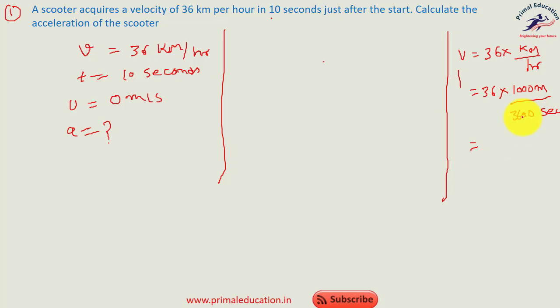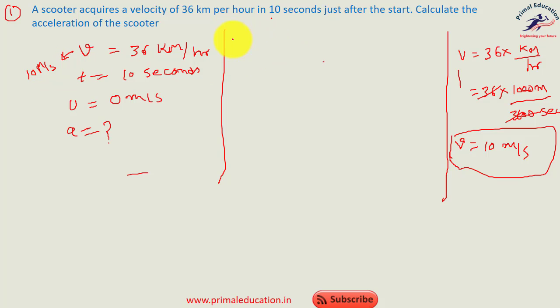So two zeros will get cancelled out and 36 from 36. So we will get 10 meters per second. So this is the final velocity. Now we can write it as 10 meters per second.